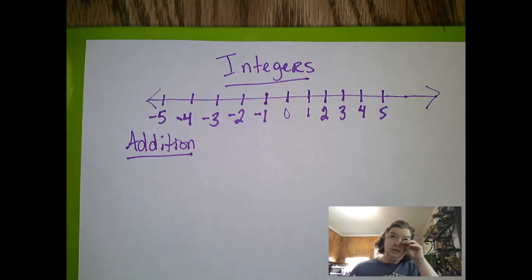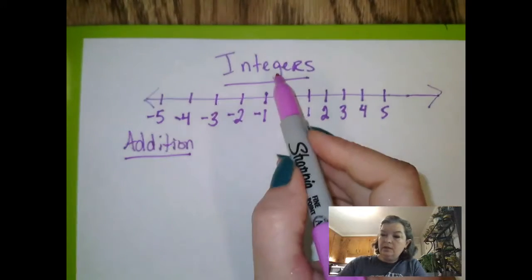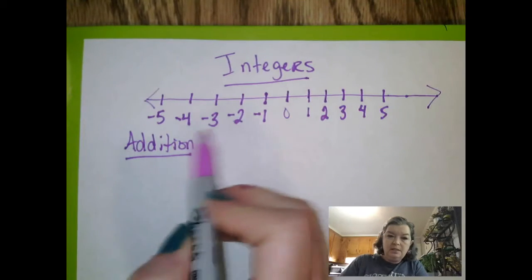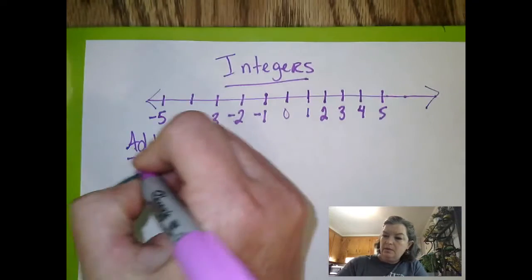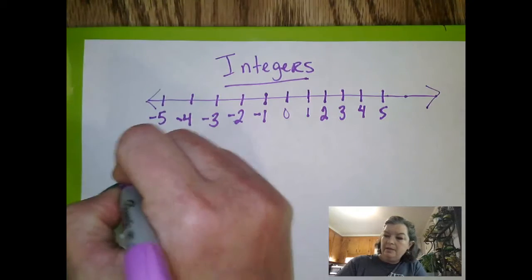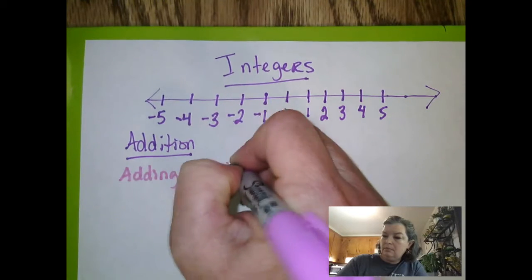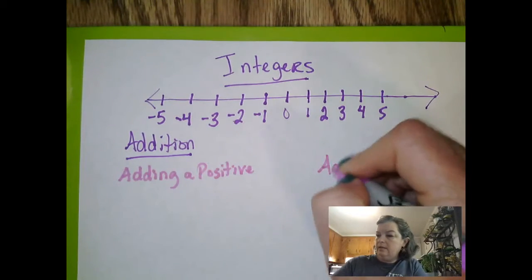So for addition, there's two things, because integers represents positive values and it represents negative values. So with addition, we're going to talk about adding a positive and adding a negative.